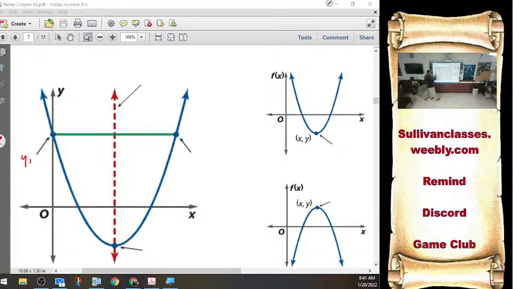Y-intercept. The Yiddish cousin of yeet. What is this down here? Both. Okay. It is a vertex, and it can be either a minimum or a maximum.